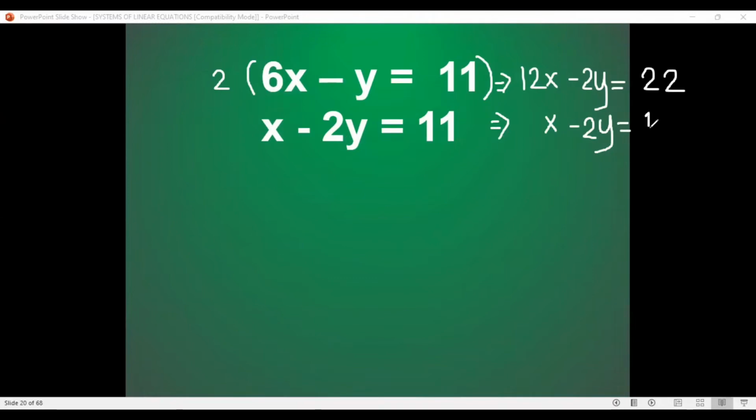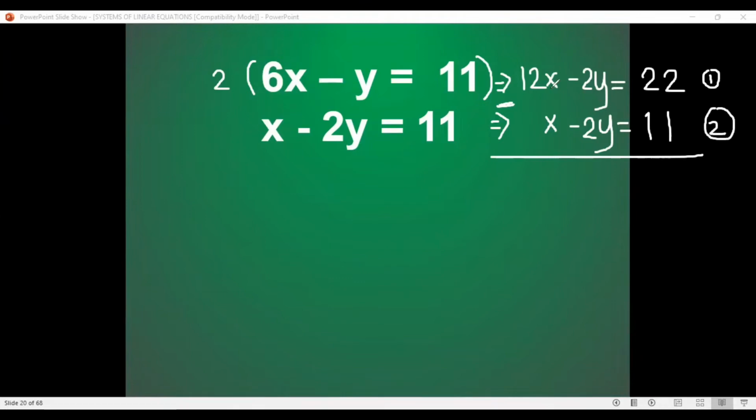Again, we are not going to change your second equation. So what are we going to do here? We will eliminate the 2y, and the elimination process will be done by subtraction. We are going to subtract your first equation and your second equation.